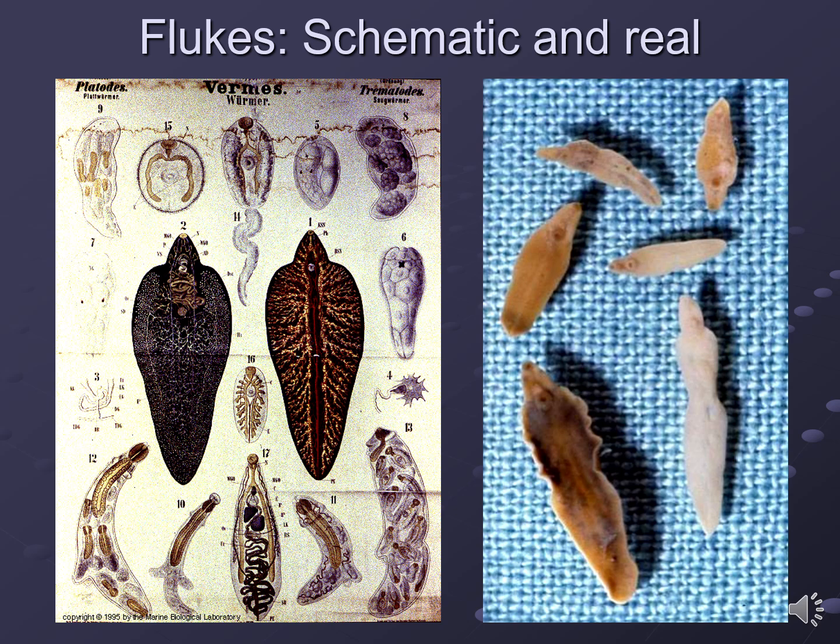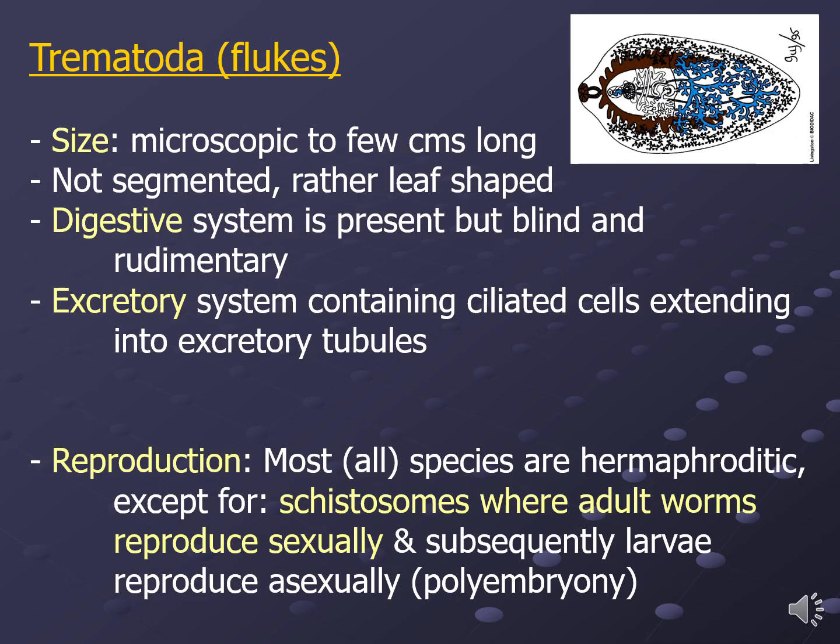Here we can see the leaf-shaped structure of the flukes schematically, and also in flukes that have been isolated from patients. Those flukes can be microscopic to a few centimeters in size. They are not segmented, rather they are leaf-shaped. Digestive system is present, but it's blind and rudimentary.